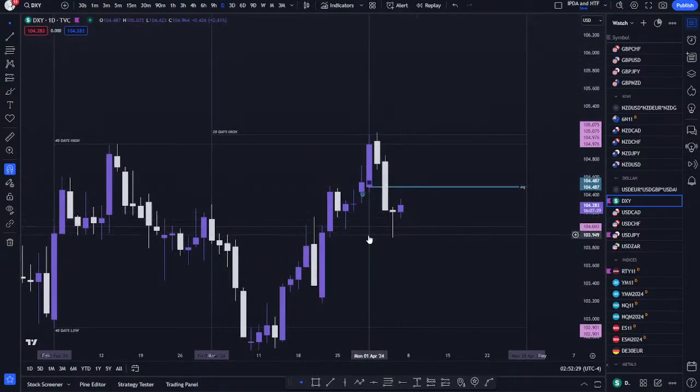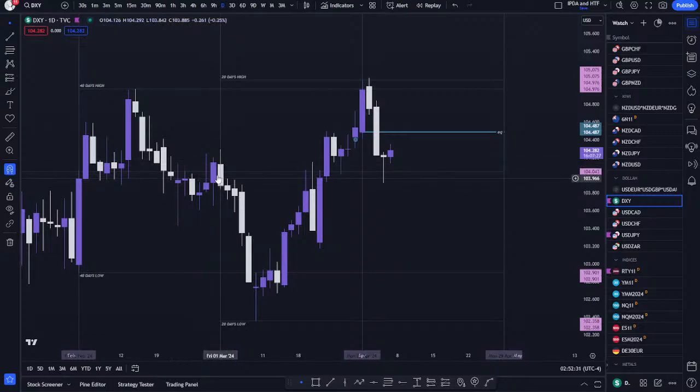But at the same time, if you're looking at the same breaker, we rejected back into the... When I was looking at this breaker, I was looking for it to take out the 40 days high there. But you can also look at this fair value gap, because I coupled it with this fair value gap right that time, and you can see we're still closing up above the fair value gap. So in a way, we're in a trapped situation where NFP will be the one to tell us whether we are going to use this EQ line to fall off or break through it.